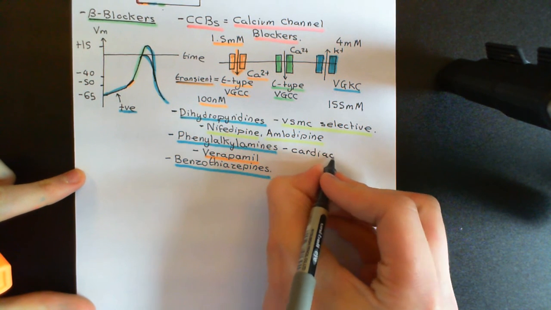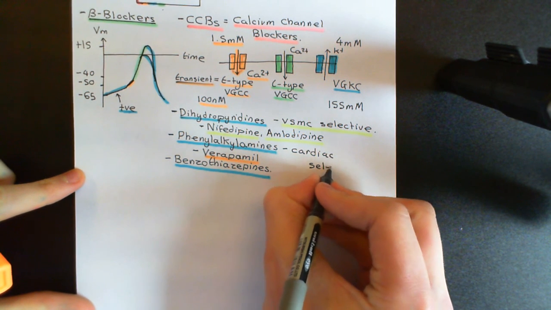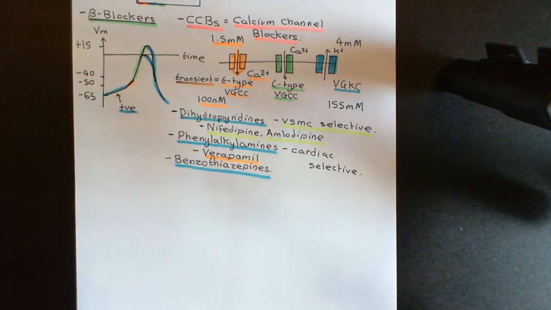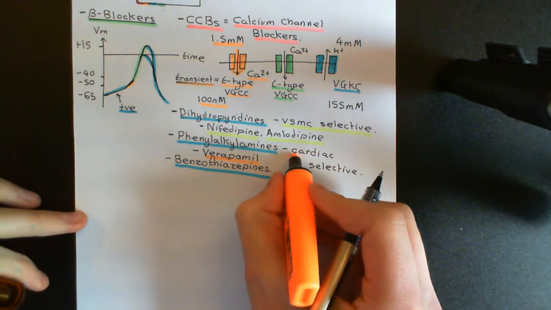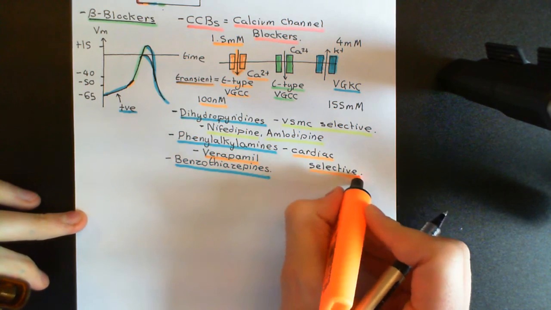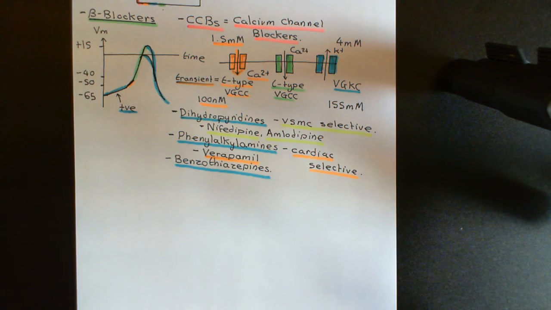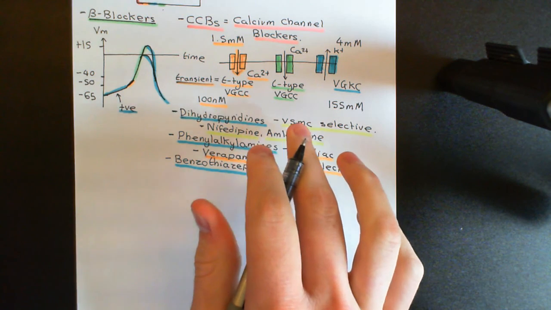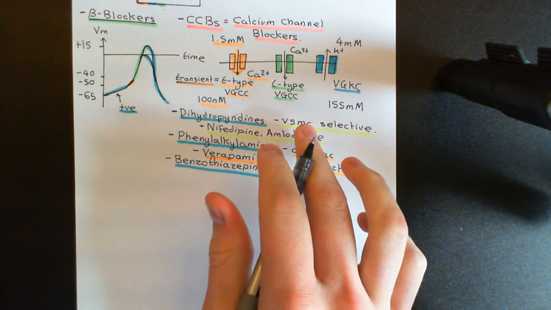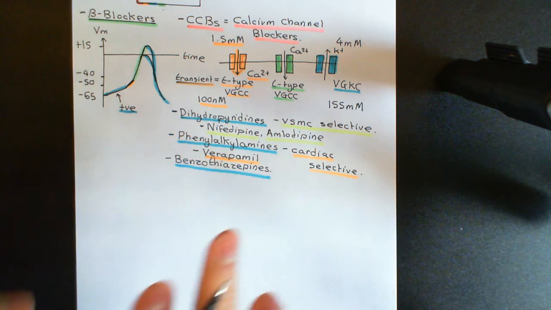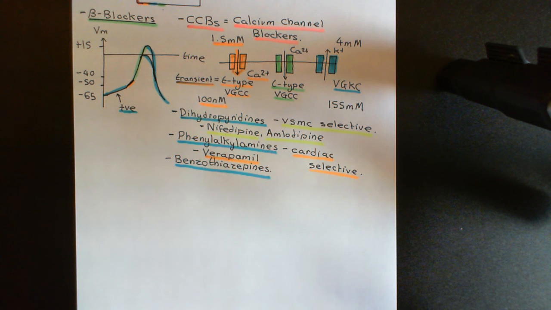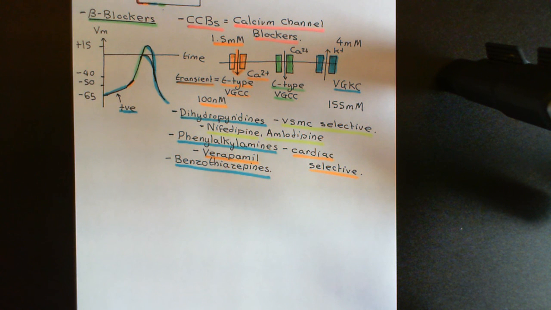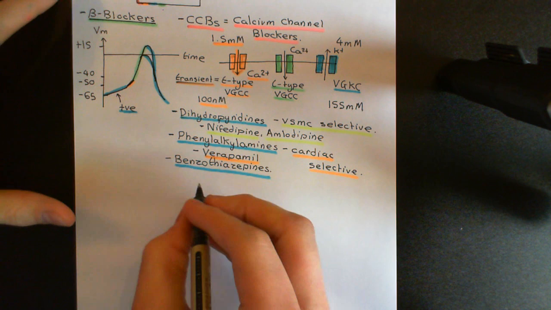They are selective for the L-type voltage-gated calcium channels in cardiomyocyte cell membranes over those in vascular smooth muscle cell membranes. So that's the major difference between dihydropyridine and phenylalkylamine L-type voltage-gated calcium channel blockers: which tissues they are selective for.